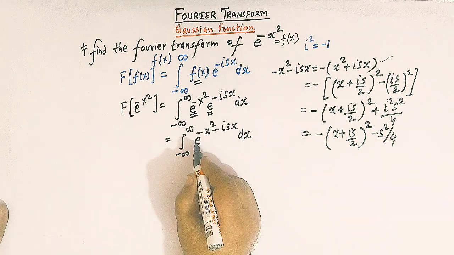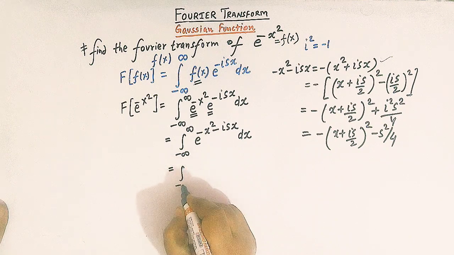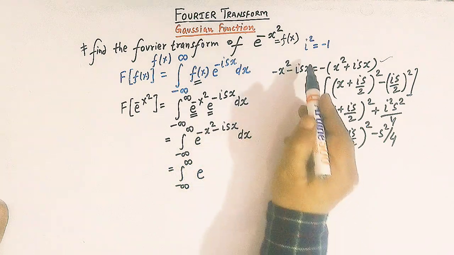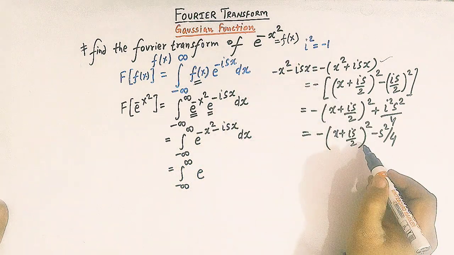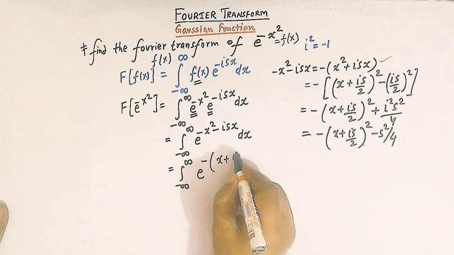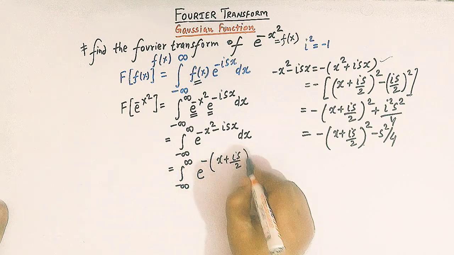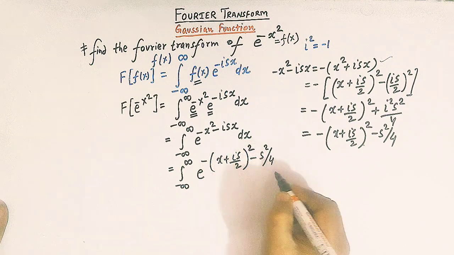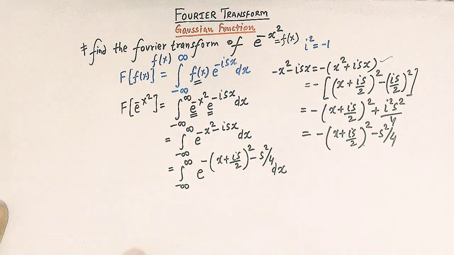So now this integral can be written as the integral from minus infinity to infinity of e raised to, and this term may be replaced by this one, so we have minus (x plus is over 2) whole square, then minus s square over 4, dx, right?